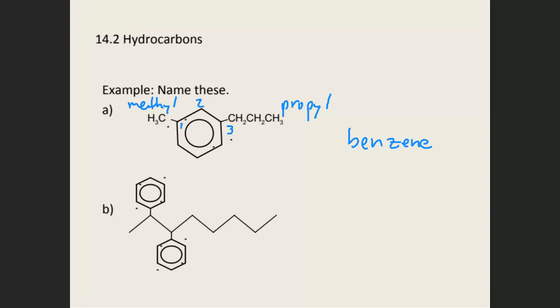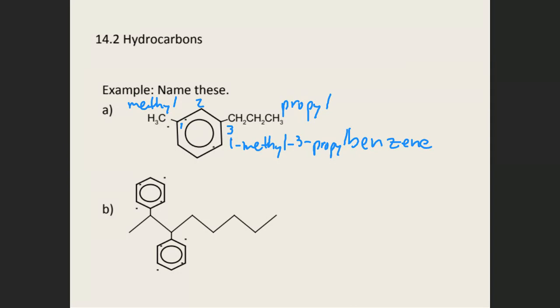And so once I pick 1, I'll have to go in a clockwise direction. And so this would be 1 methyl, 3 propyl, benzene. That was really easy. I like this.